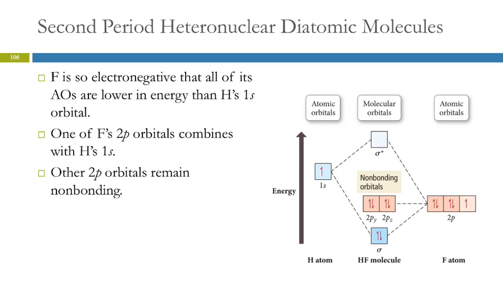The 1s and the 2s are all lower than the 1s in hydrogen, and even the 2p is lower. So how does the 1s overlap with p orbitals? It only overlaps with one of them, and it's going to make a sigma and a sigma star, and then those two are just going to be left doing nothing. They're not really changed. Same energy, but we do get a bonding and an anti-bonding.